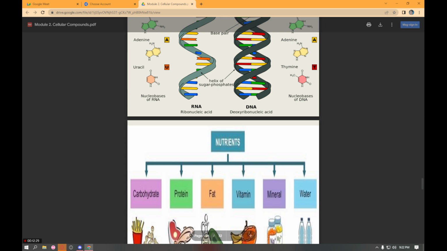How about the nutrients? As I have mentioned before, the food that we eat, or the vitamins, are absorbed in your small intestine and distributed into the bloodstream. The nutrients come from your 3 food macromolecules, from your vitamins, minerals, and water.